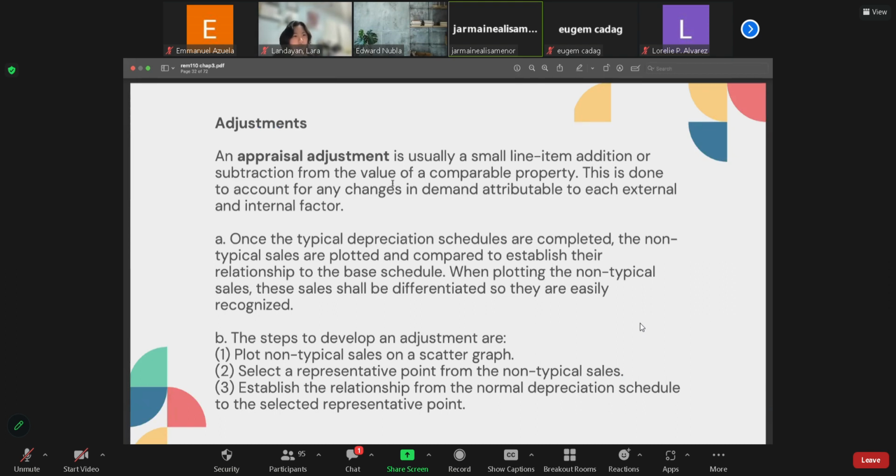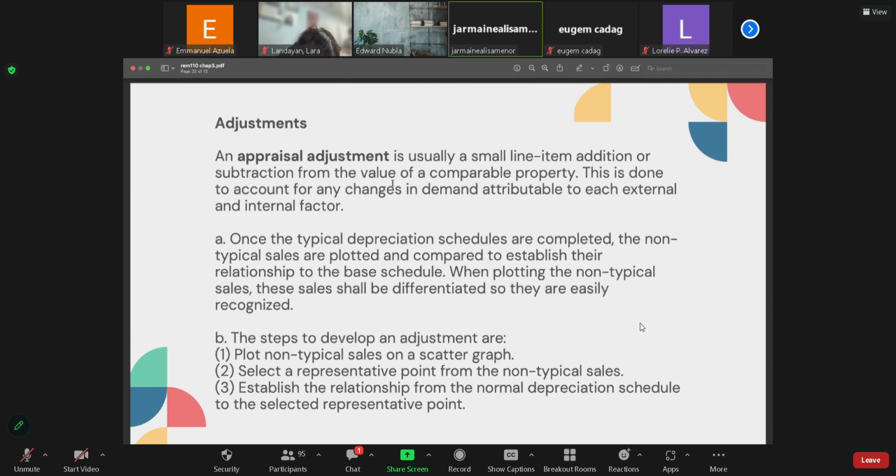So ito, for example po, a 30-year-old house was recently remodeled and reconditioned. The comparison of 30-year-old recently remodeled houses to the base depreciation schedule shows that these houses sell the same as 20-year-old houses. The actual age is 30 years, but the effective age is 20 years.